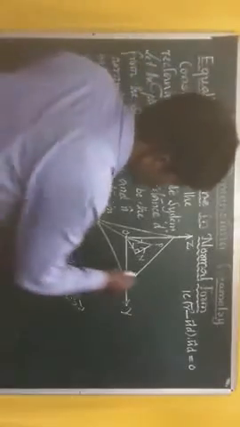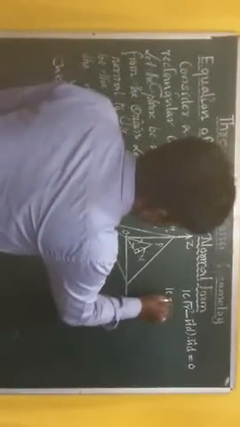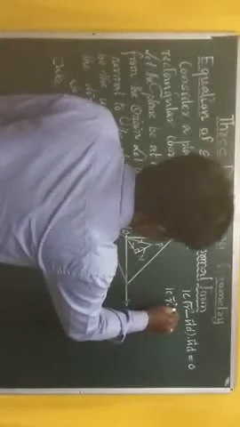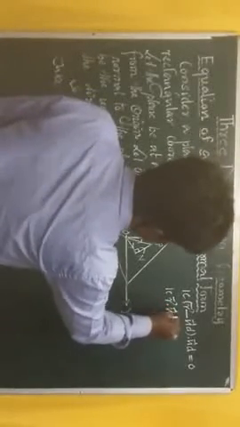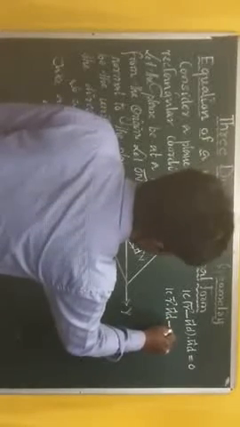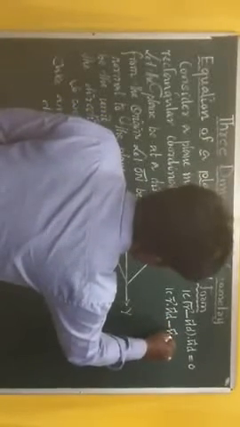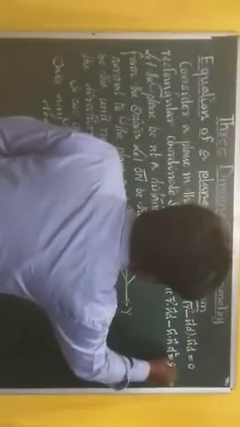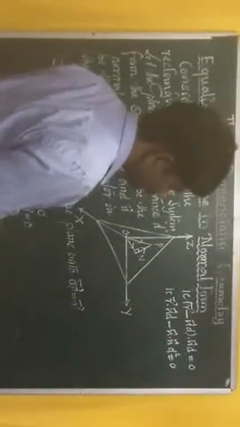Now using the dot product, r dot n cap into d minus n cap dot n cap into d square equal to 0.